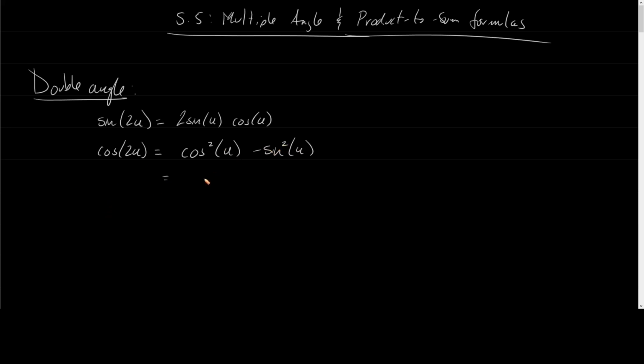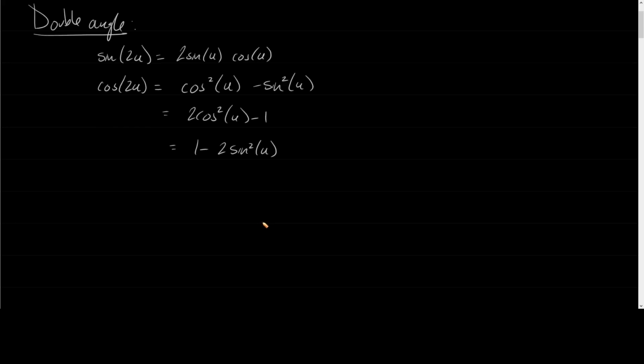It's also equal to 2 cosine square of u minus 1, and it's also equal to 1 minus 2 sine square of u. And lastly, we've got tangent of 2u. This is equal to 2 tan u over 1 minus tan square of u. All right, so these are all the double angle formulas.